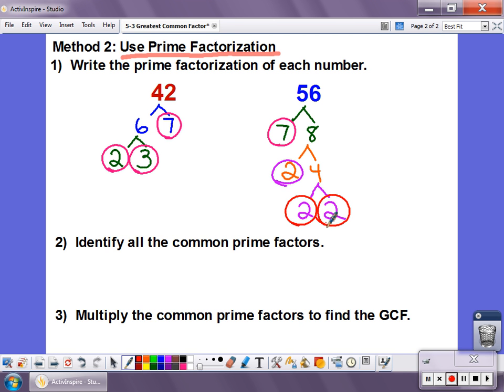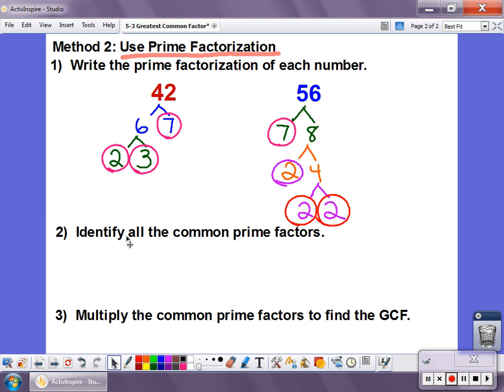Now the next step when it comes to prime factorization is to identify all the common prime factors that they have. So I'm going to do this in a way that makes it a little easier for me. I'm going to list them down here. If I look at my prime factors for 42, I have 2 times 3 times 7.